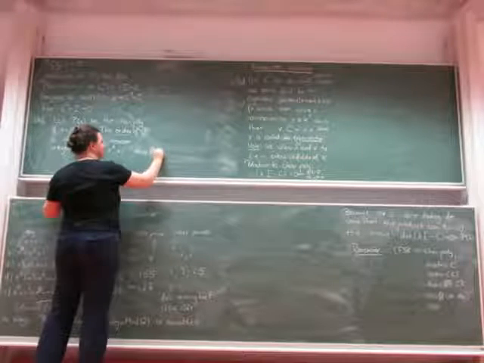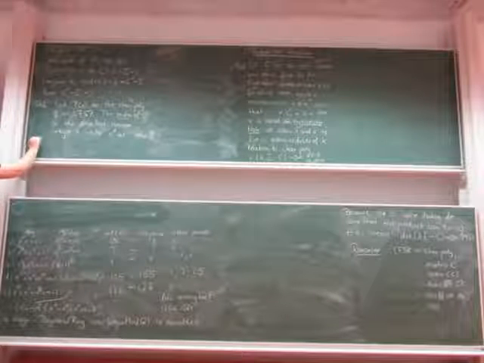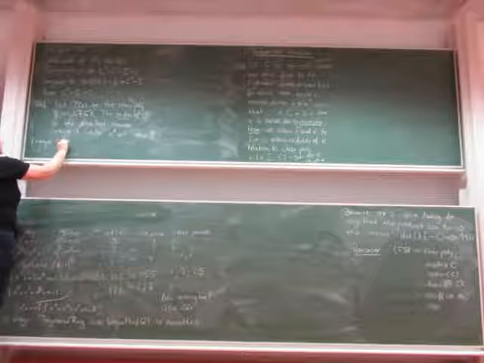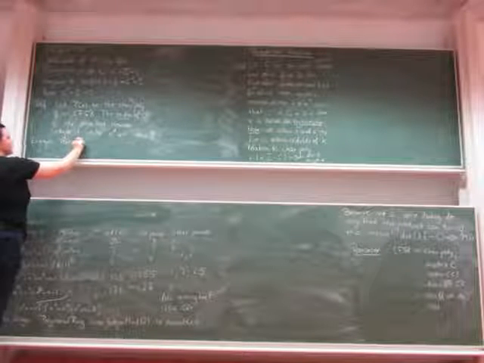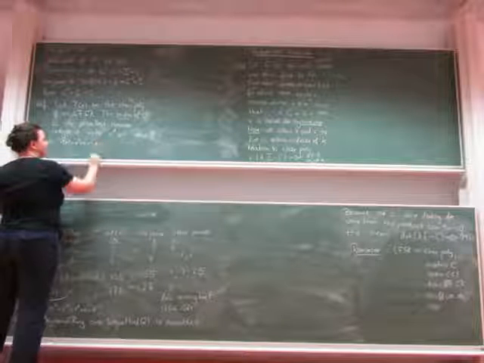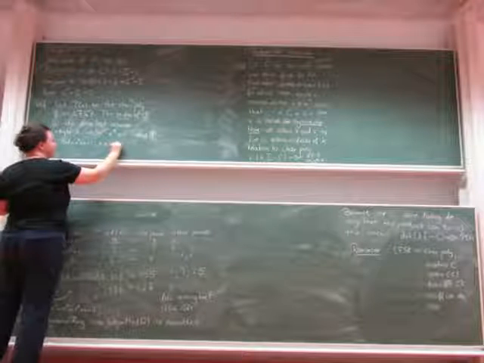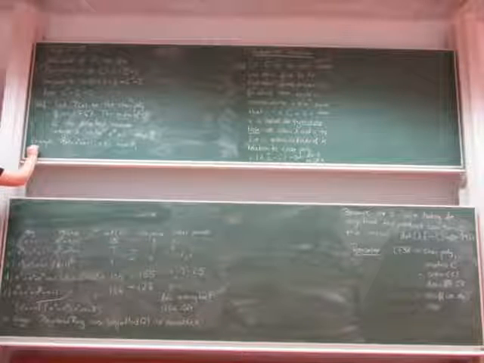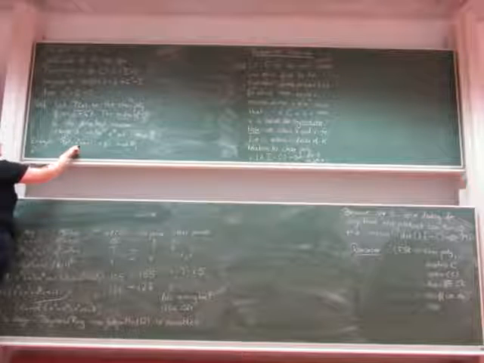Let me put it here. So let's do an example. We have our p of x as x squared plus x plus 1. Alright, so we're taking x to the 1, which is equal to x mod p. Nothing interesting happened here. Now x squared, and we're reducing modulo this thing.